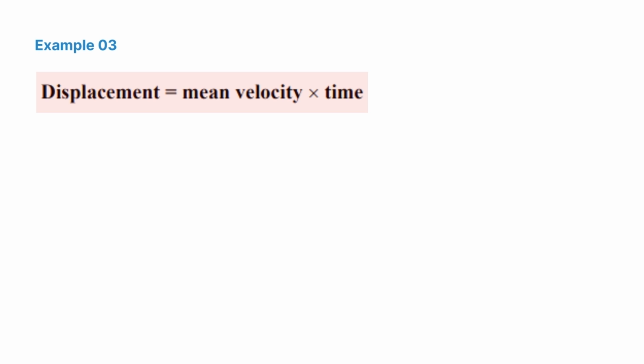At the same time, if the object moves with different accelerations you cannot use this equation. So keep in mind students, if the object is traveling with uniform acceleration, we use this equation, where we calculate the displacement using mean velocity into time. When we say mean velocity, that is the average velocity. We'll do some questions, so that you can get a clear idea.